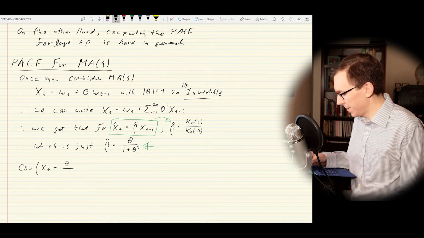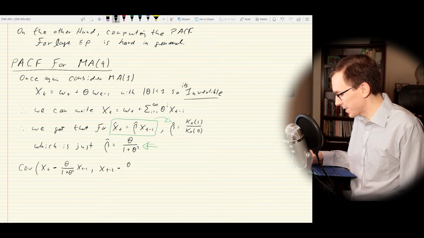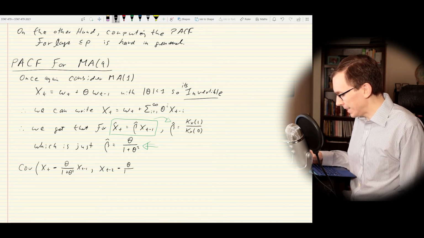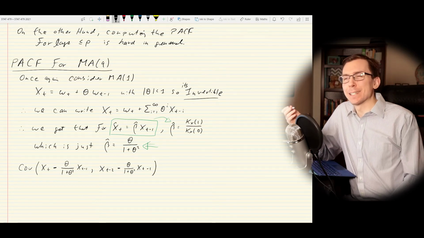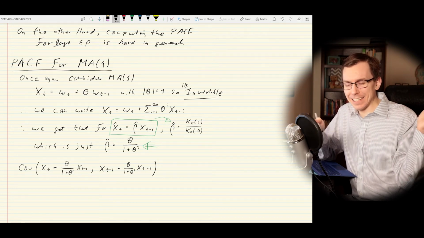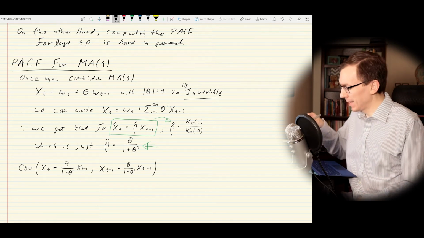If I compute the covariance between xt minus xt hat, which is going to look like this, and xt minus 2 minus xt minus 2 hat, which is the same thing, again by symmetry as we saw last time, we get the exact same thing here, xt minus 1. I always do find that a little bit surprising, right? That you're predicting t and t minus 2 using the exact same thing because of this peculiar symmetry.